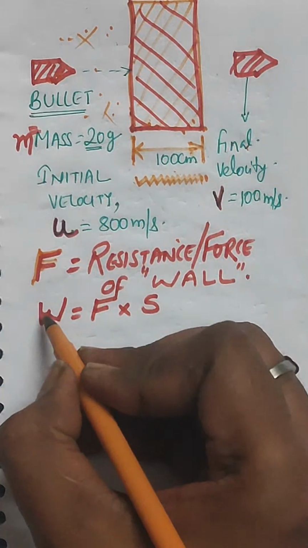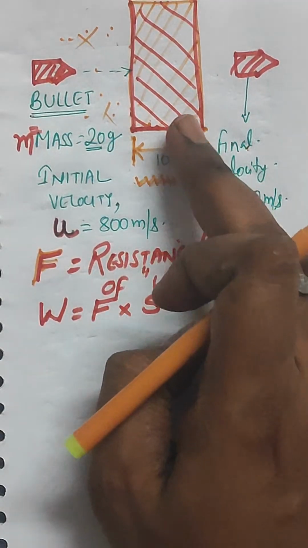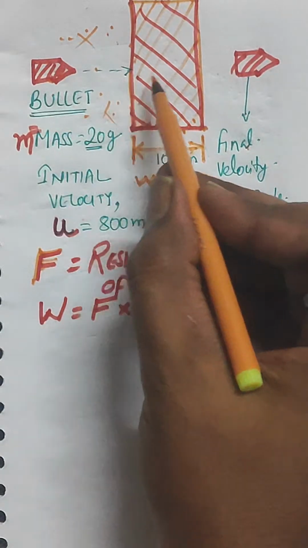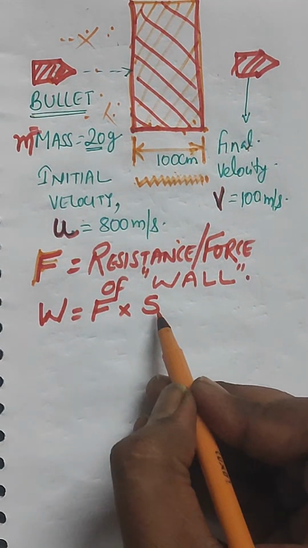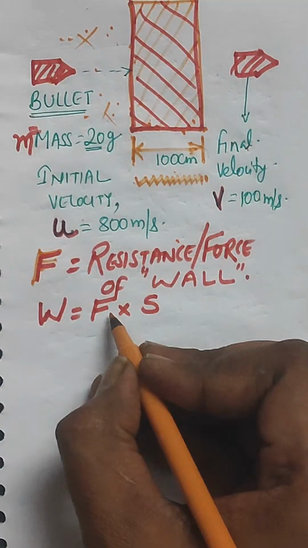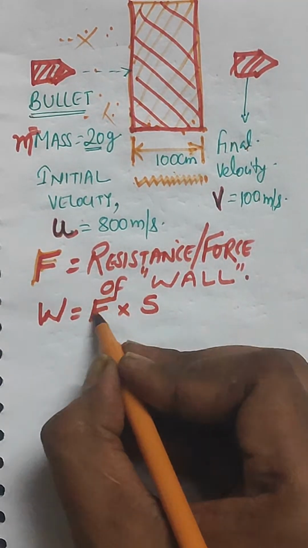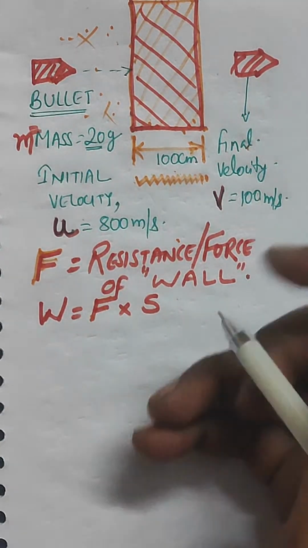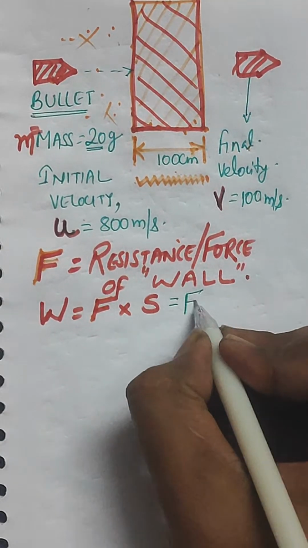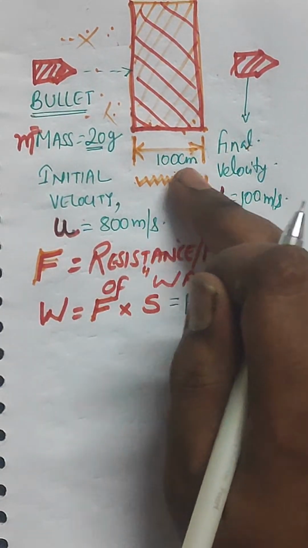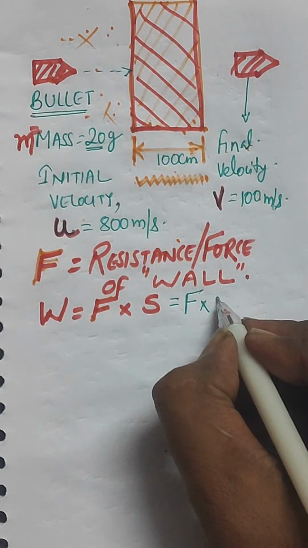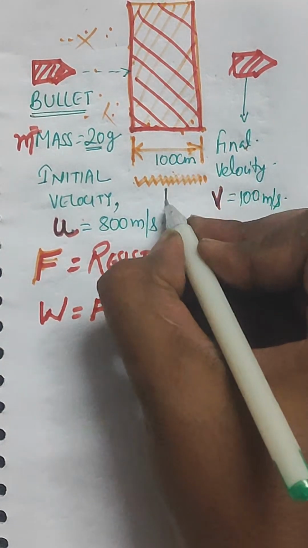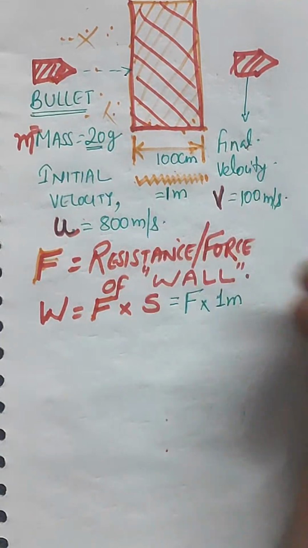Okay, so here the work done, or the energy exhausted by this bullet in crossing this wall, will be equal to force into distance, right? The force is the resistance by this wall, so keep it as a variable F, and in place of distance it will be 100 centimeter, which is nothing but 1 meter.